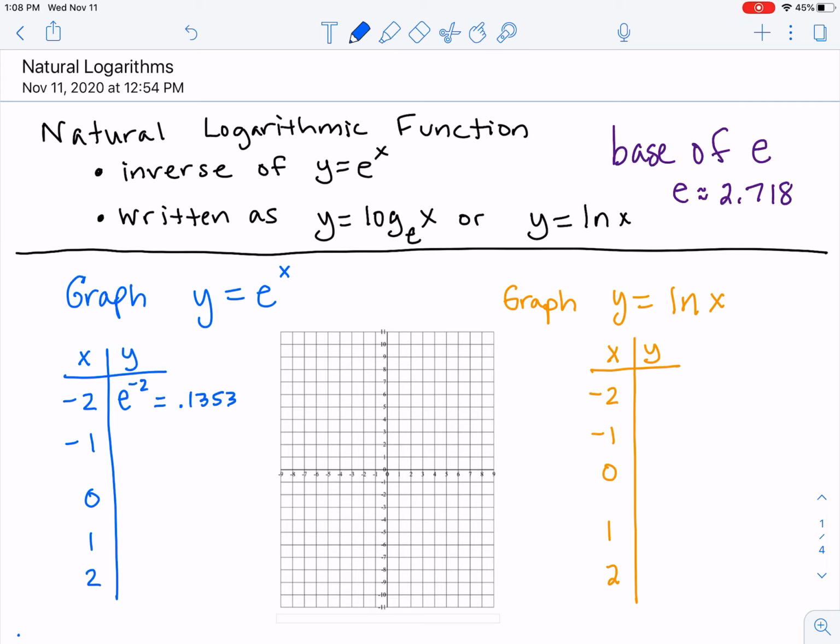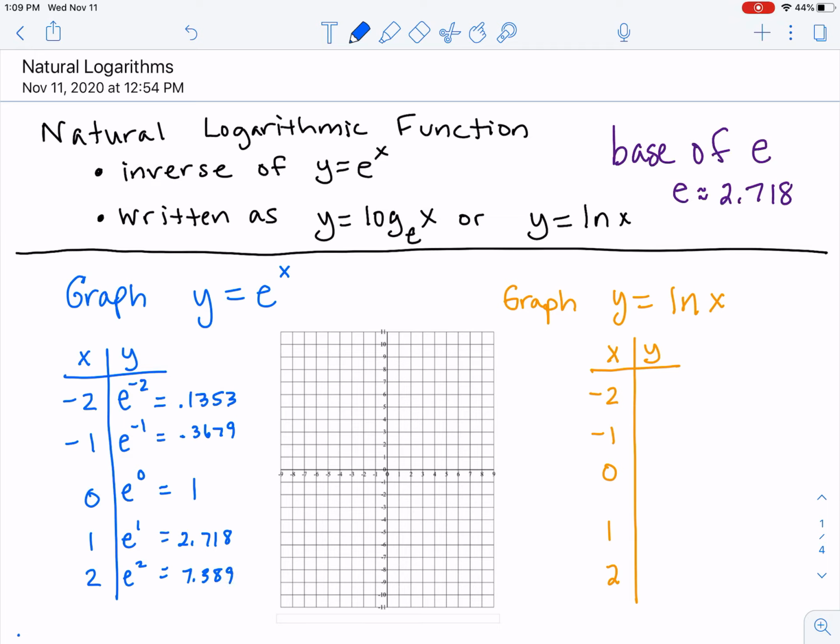If I plug in -1, e to the -1 would be 1 over e, which is about 0.3679. E to the 0, well, anything to the 0 is 1. E to the first is 2.718. And then e squared is 7.389.